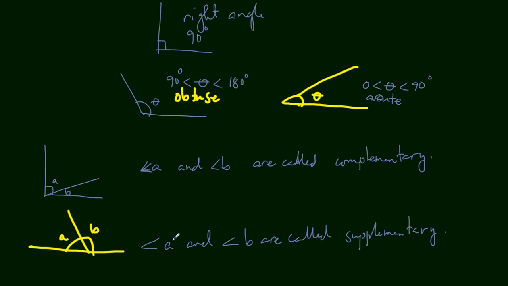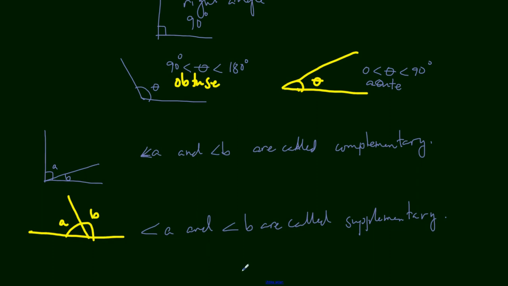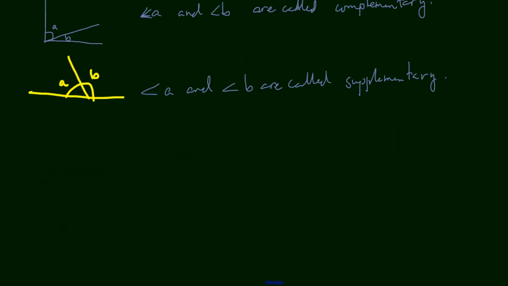Let's continue. If I have two lines that meet with each other, then this angle and this angle are equal.